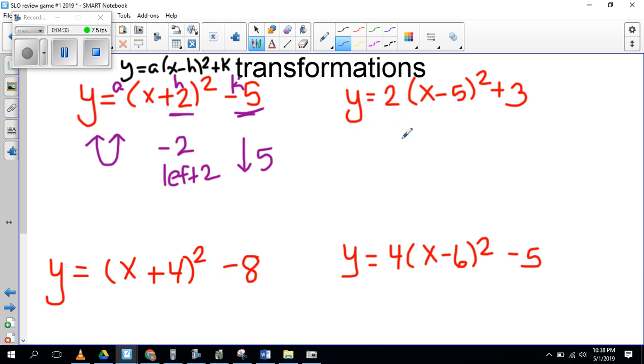Now I'm going to do this one. So I'm going to label my A, my H, and my K. So A is a positive 2. So I know it's going to open up. And because now it's a number greater than 1, it's going to stretch by 2. Okay?